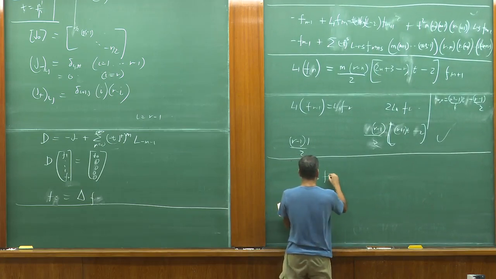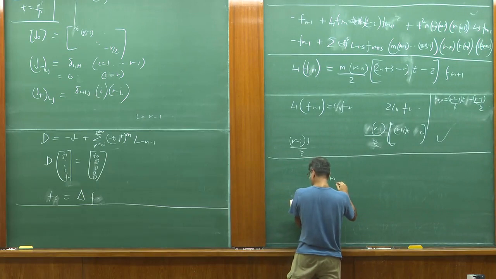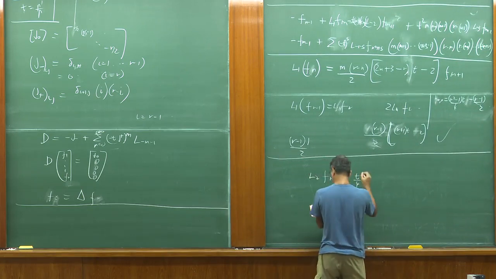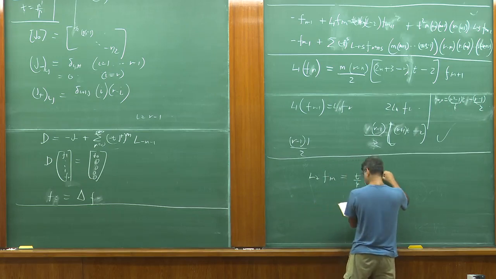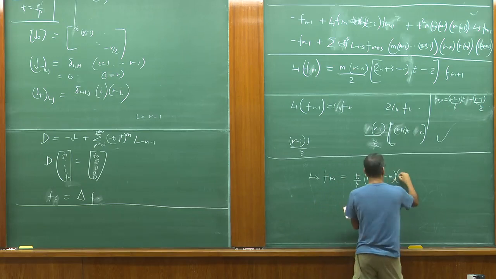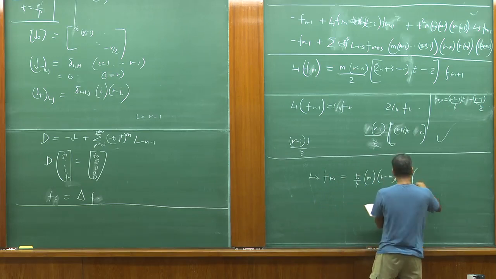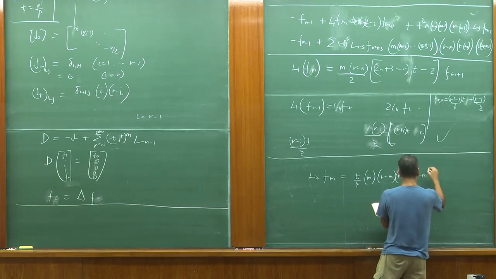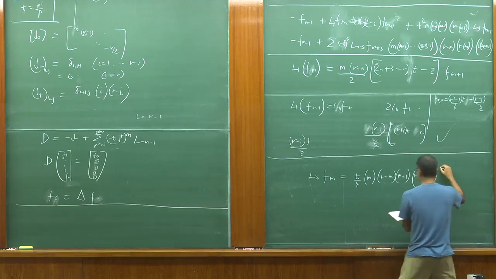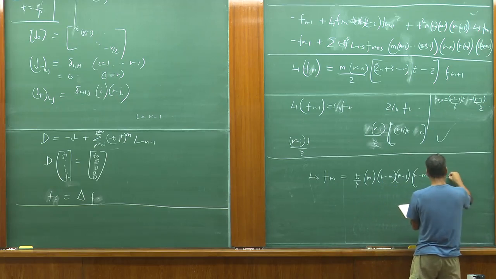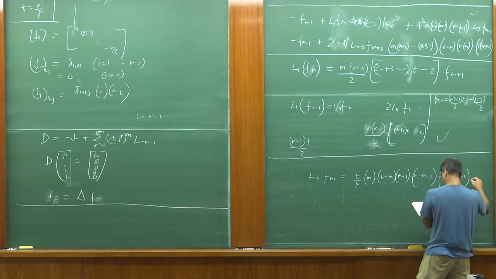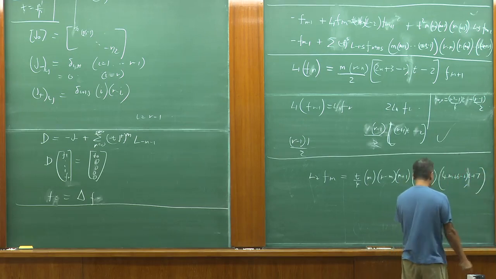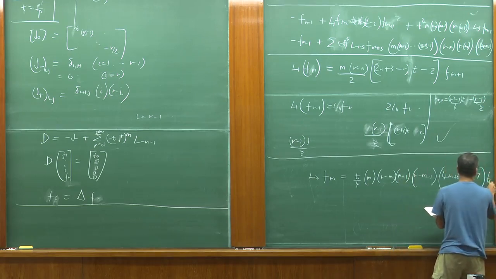L2 on F_m is equal to t by 4 times m into (r minus m) into (m plus 1) into (r minus m minus 1) into (4m plus 6 minus r t plus 7). Quite a mouthful, on F_{m+2}.